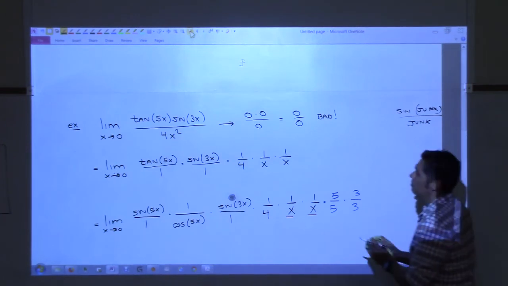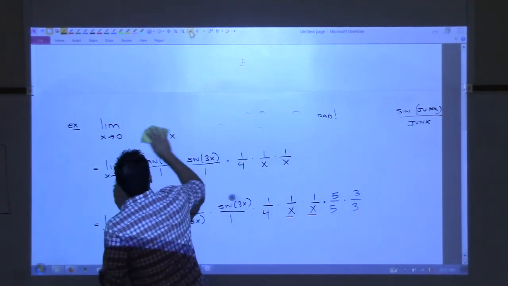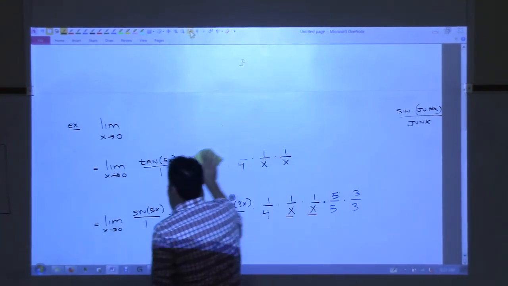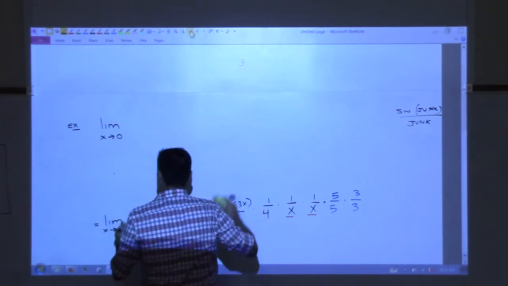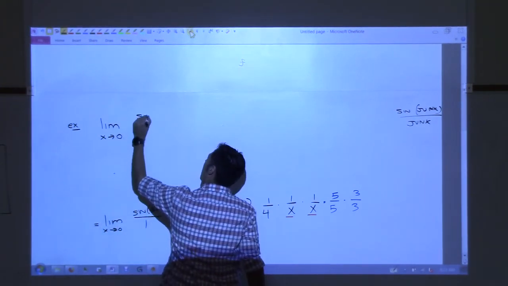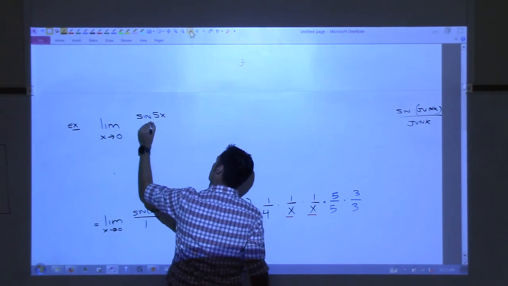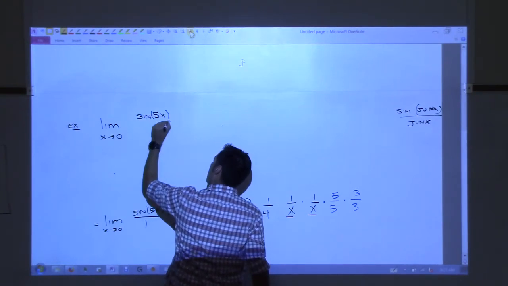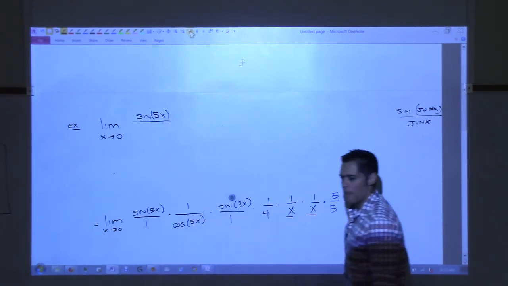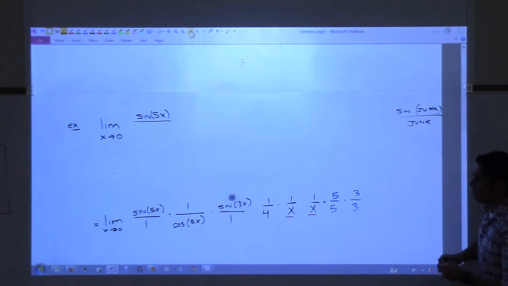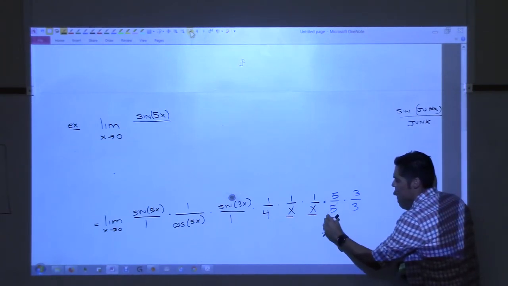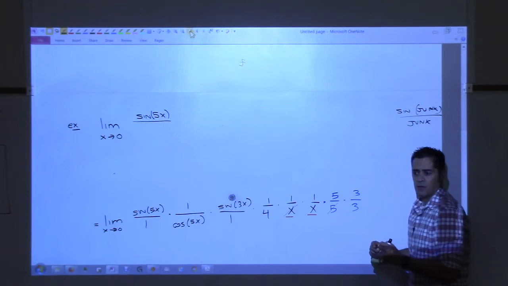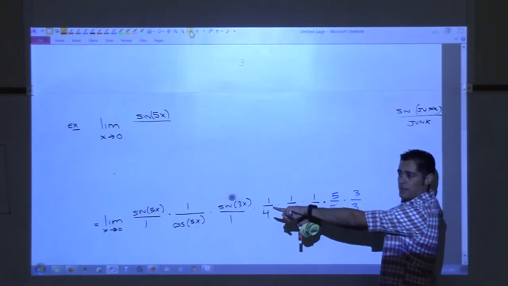All right, so we're going to have sine 5x over what? 5x. Now keep in mind, when I do that, I'm going to be using this 5 and that x, right? Those are going to be slid over to that side, right?